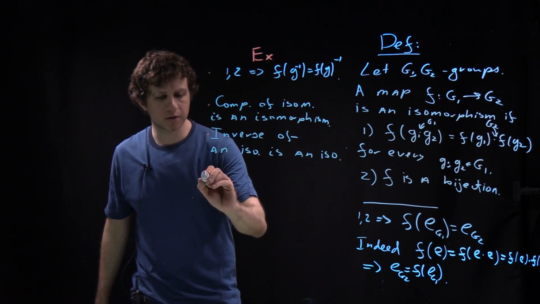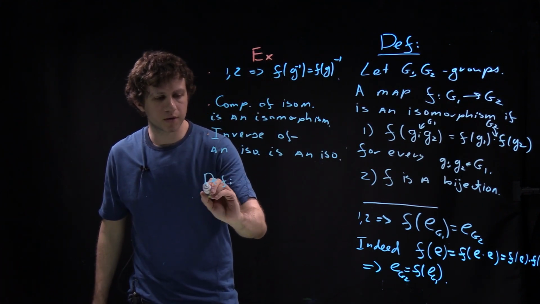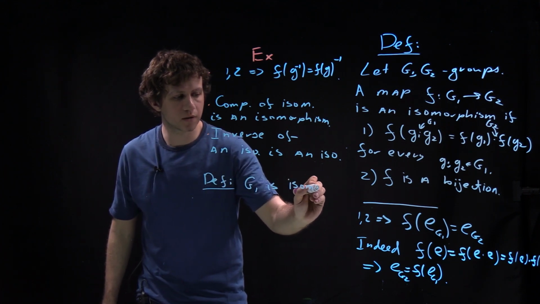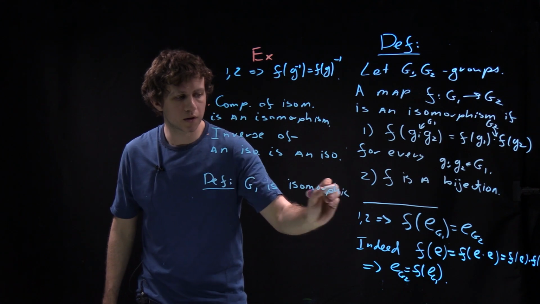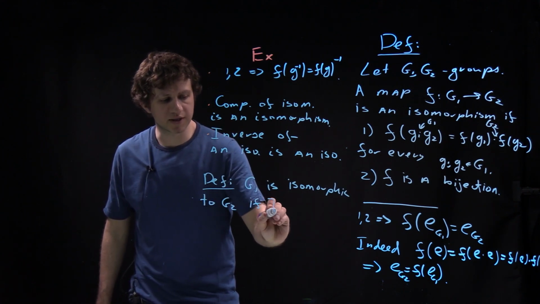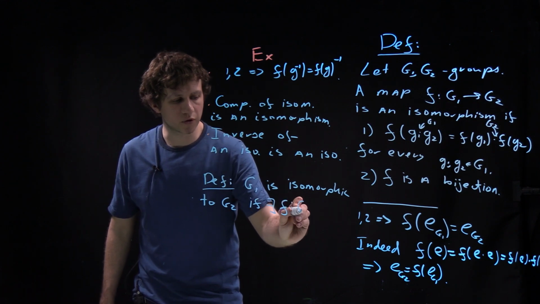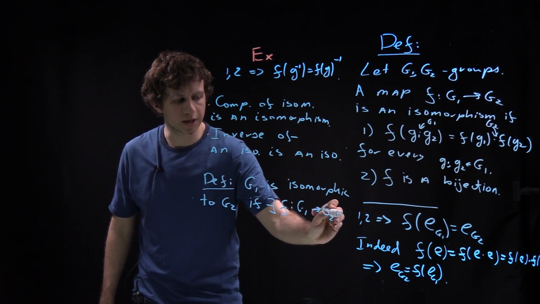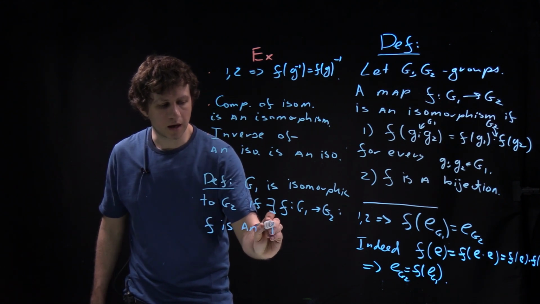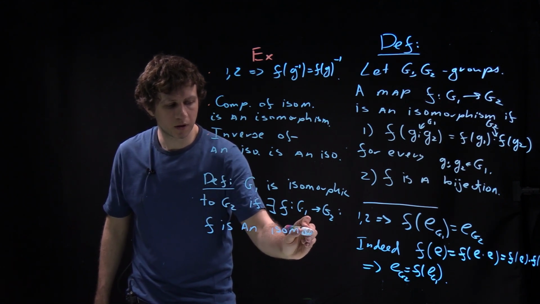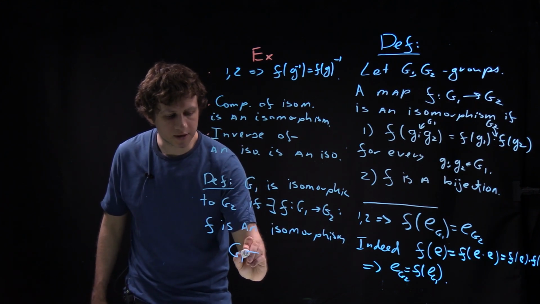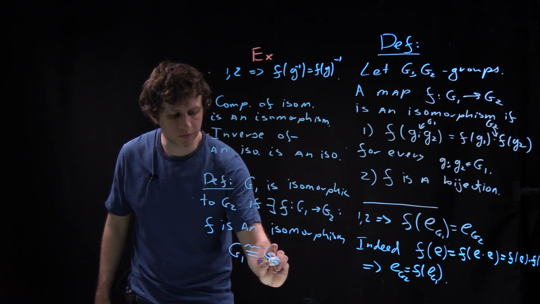So the definition is that G1 is isomorphic to G2 if there exists F from G1 to G2 such that F is an isomorphism. And the notation is just this, G1 and then a double line, G2.